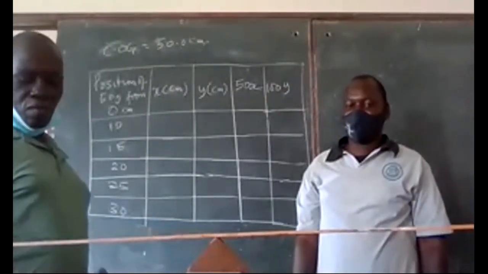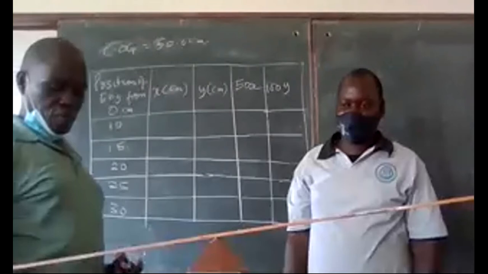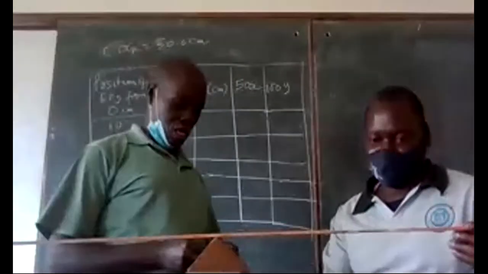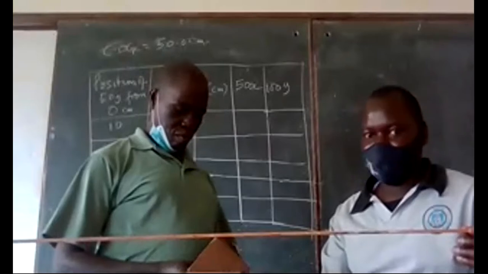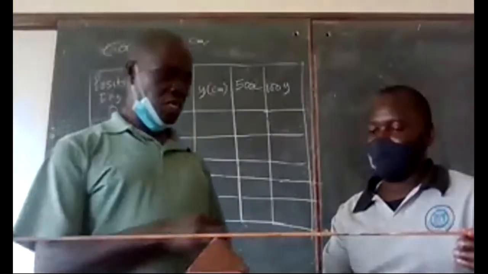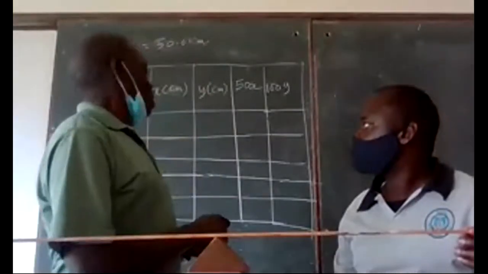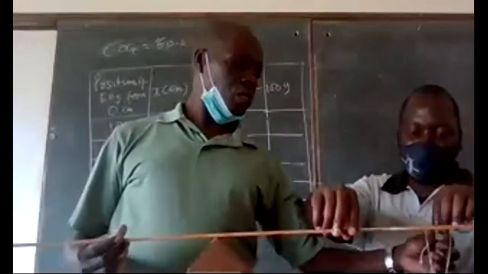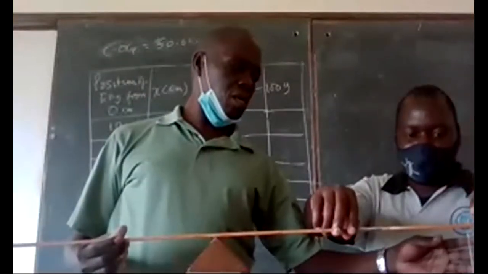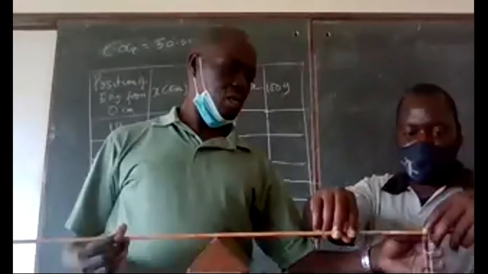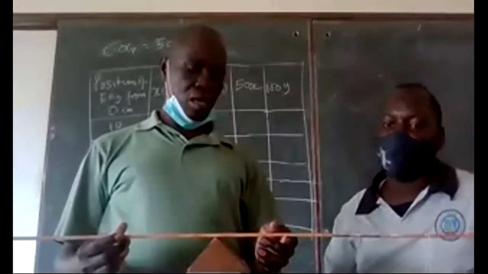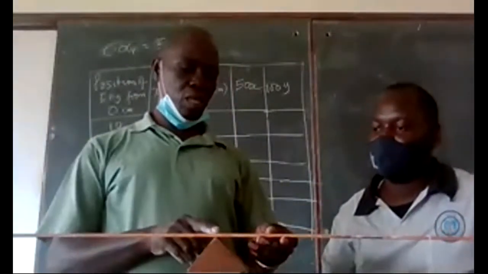Now, they told us to put a 50-gram mass on one side, so we are putting it on this side here. From the diagram, it should be 10 centimeters from one end, measured from the 50 centimeter mark.